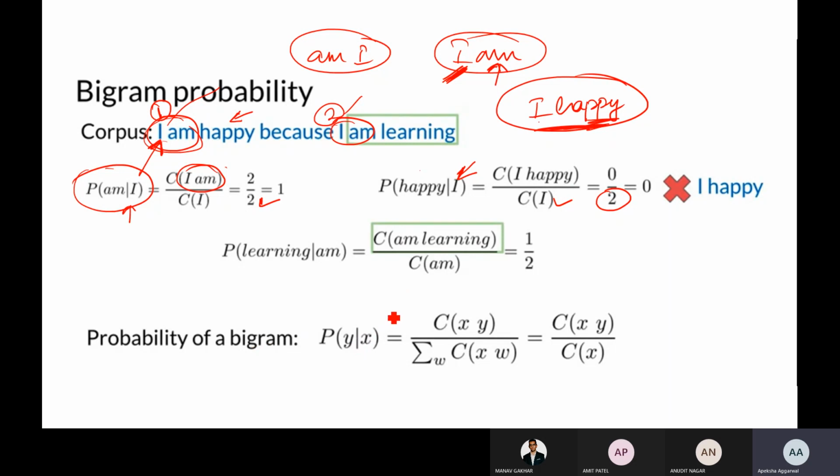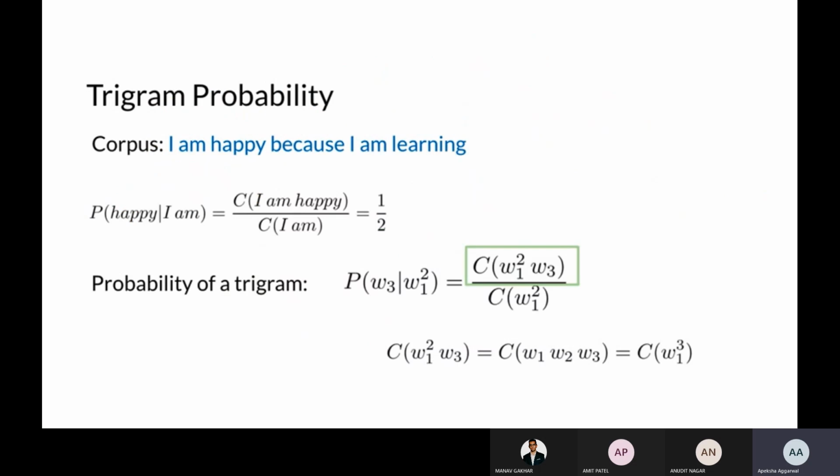Now trigram is even more complicated. In a trigram, what is the chance of occurrence of I am happy given I am already occurred? I am happy occurs one time in the sentence, so the numerator is 1.